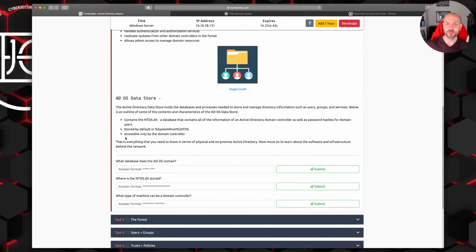I think that was a Twitter story where he was on a pen test and was able to identify the domain controller. There was no physical security, and he just pulled it, threw it under his arm, which would have been hilarious to see, and ran out of the building, and then started doing whatever he needed to do, since he had physical access to the drive, to try to crack the hashes within that.